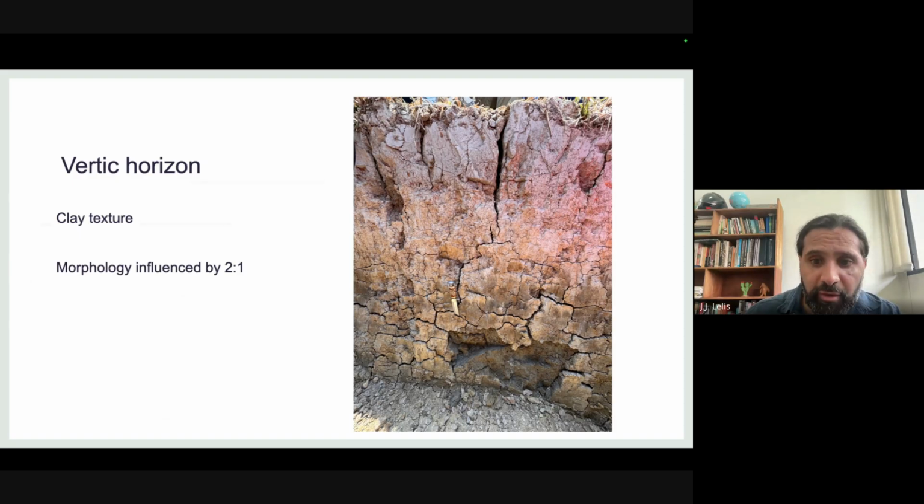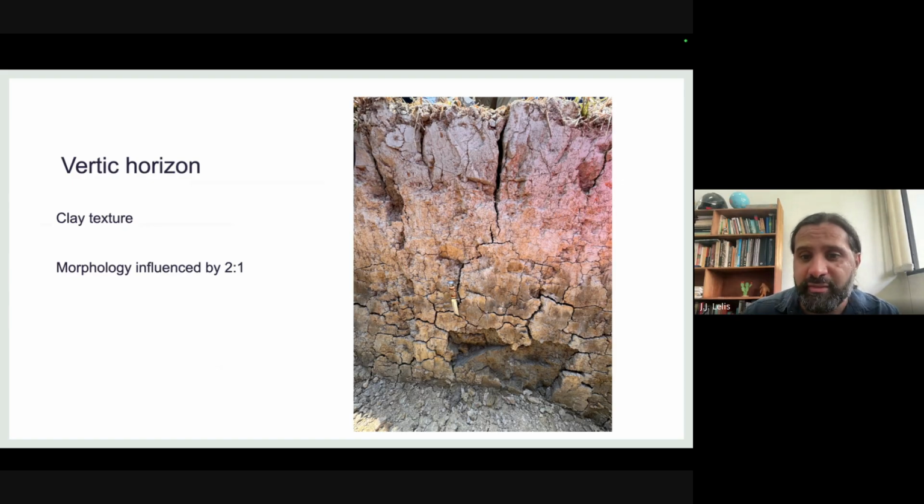Another horizon that also does not express concentration of anything, just has a specific morphology that differentiates and expresses a specific process, is the vertic horizon. The vertic horizon also registers a high content of clay, but in this case we do not have clay skins.